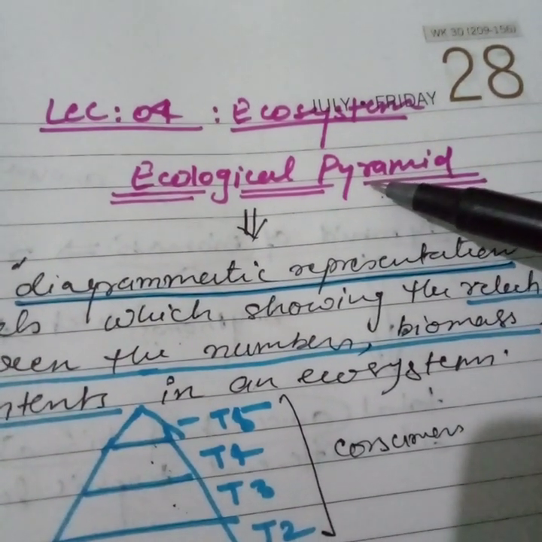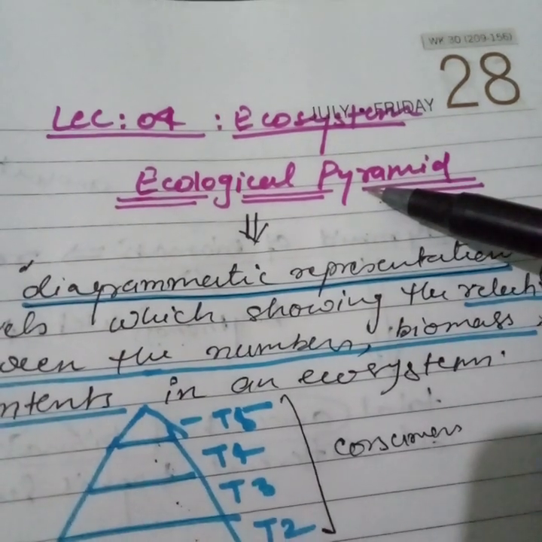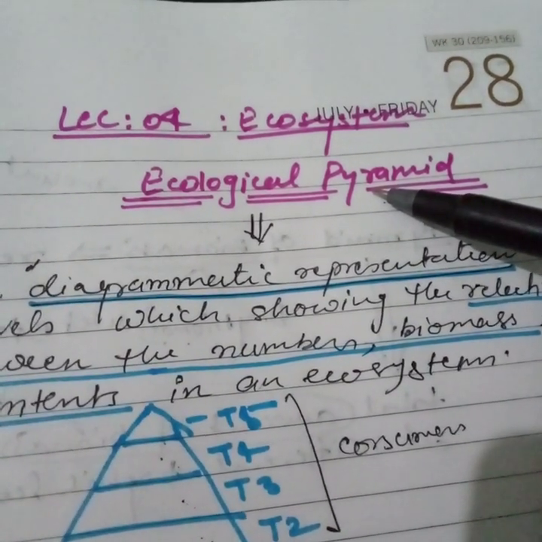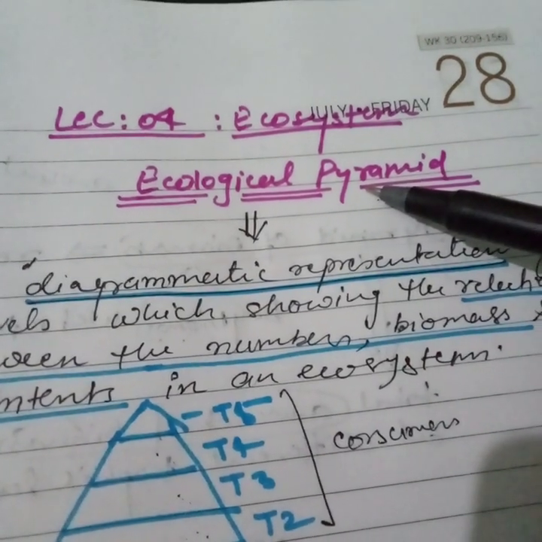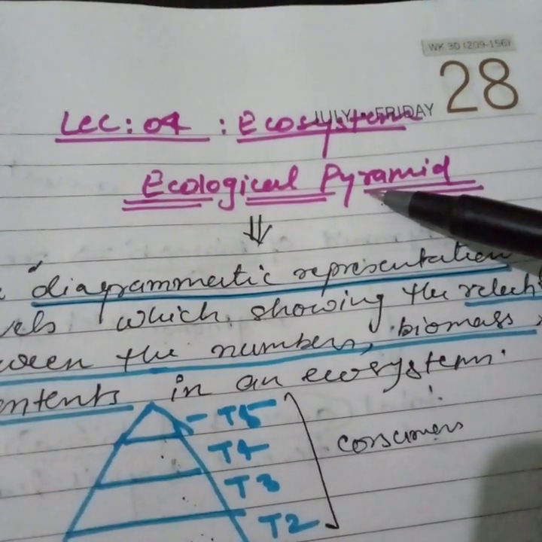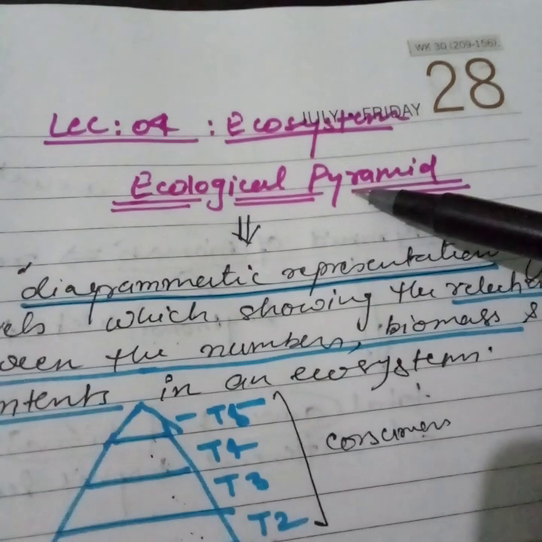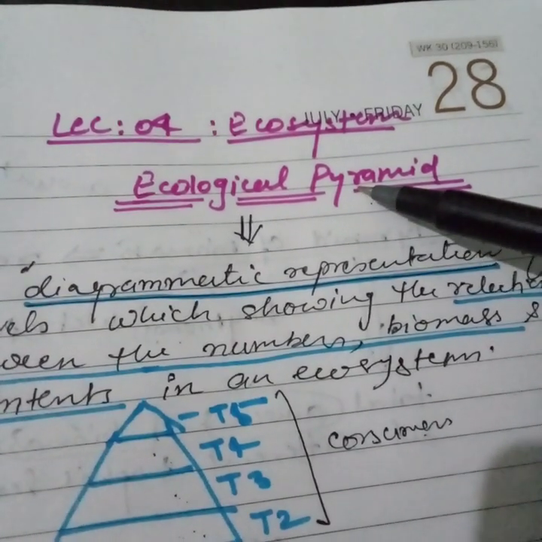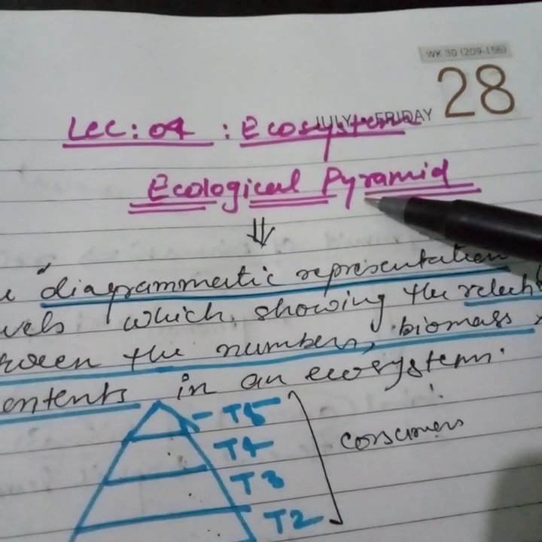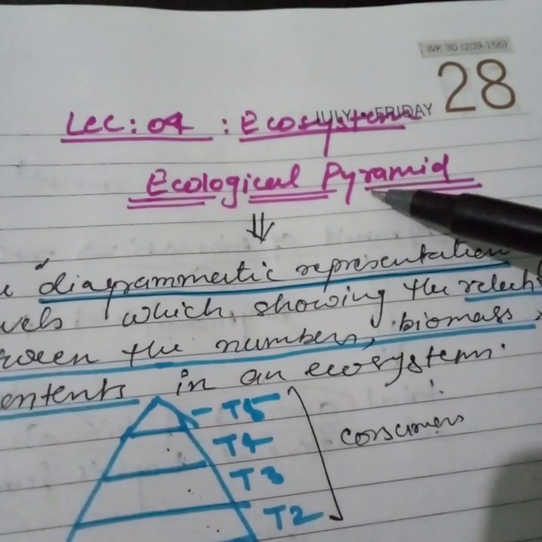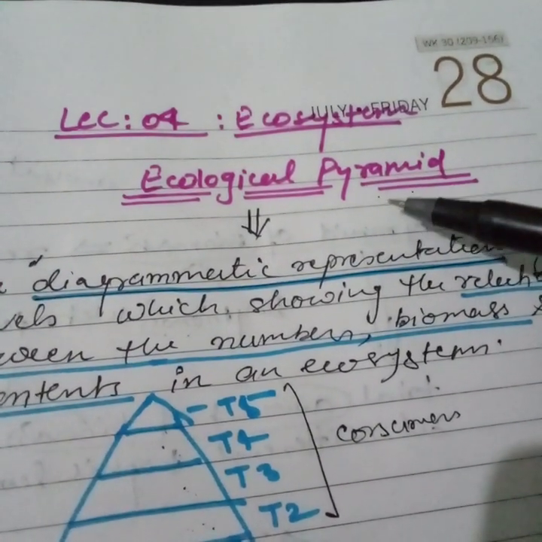Before we start the ecological pyramid, in my previous video lecture, I have already told about the trophic levels, food chains, as well as abiotic factors. So ecological pyramid is related to the trophic levels, and as we know, trophic level is the feeding level of an ecosystem.